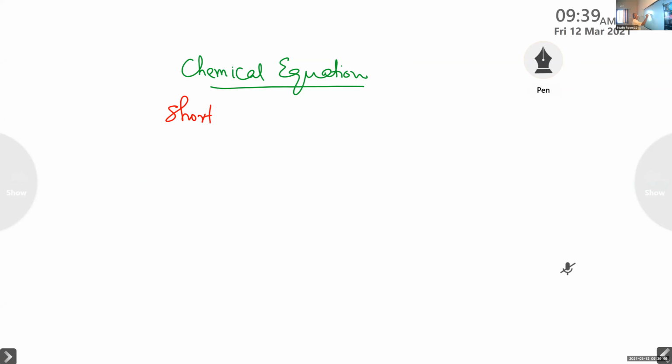A short mode. Mode spelling: M-O-D-E, mode. A method, a way.